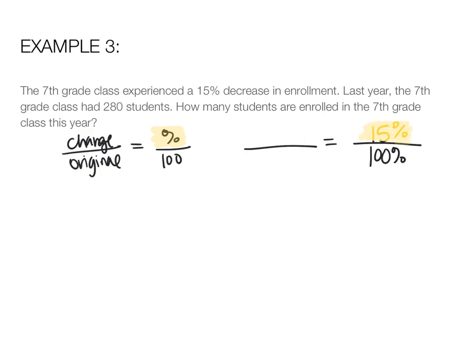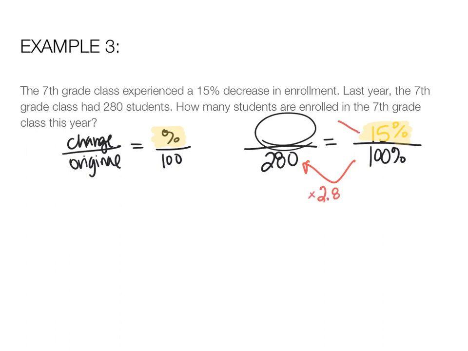It also tells me that it originally had 280 students in that class. Now I'm going to use that ratio to figure out how many students that change was by. Like how many kids is 15% of kids out of 280. I know that 100 goes into 280 2 and 8/10 times.